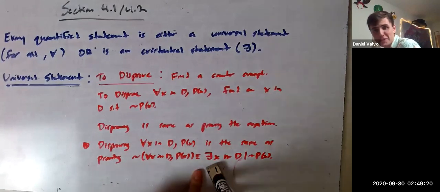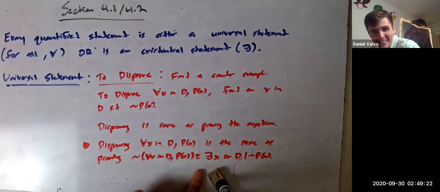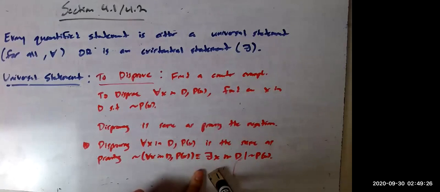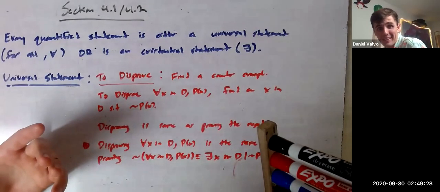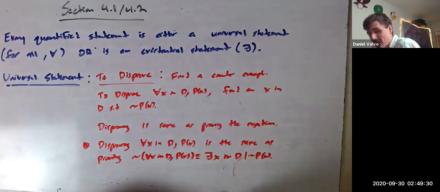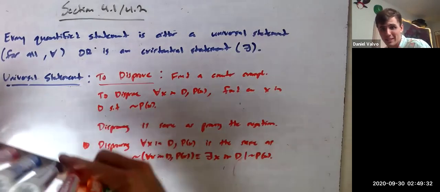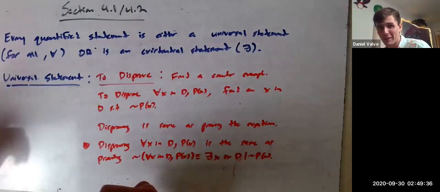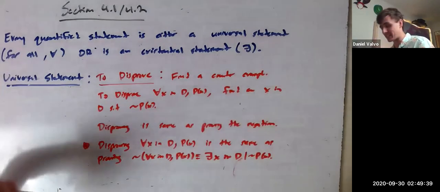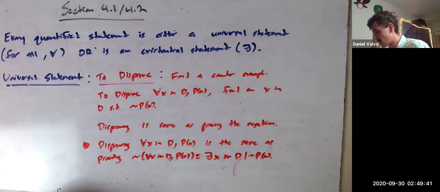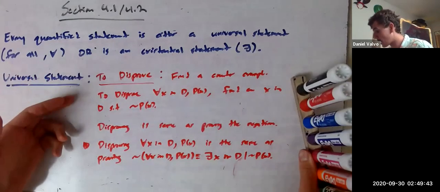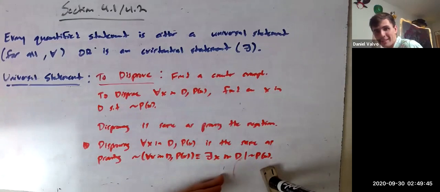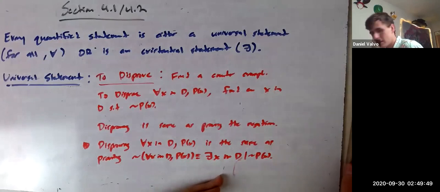And how do you prove an existential statement? Find one example where it works. So that's why disproving a universal statement is the same as proving an existential statement. Because disproving a universal statement is proving its negation, which is an existential statement. So to disprove, you find a counterexample because that proves the negation. Make sense?